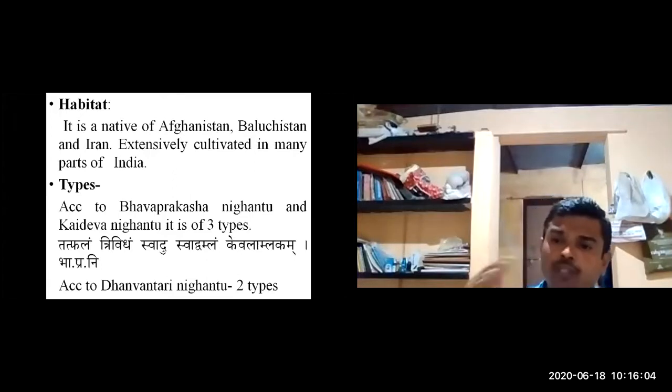In those areas this plant is abundantly available, but nowadays it is cultivated throughout India, especially in the drier parts or arid zones, especially in soil which is full of or mixed with small stones. So even where the water content is less, in such areas you can cultivate it, and it will grow very well.